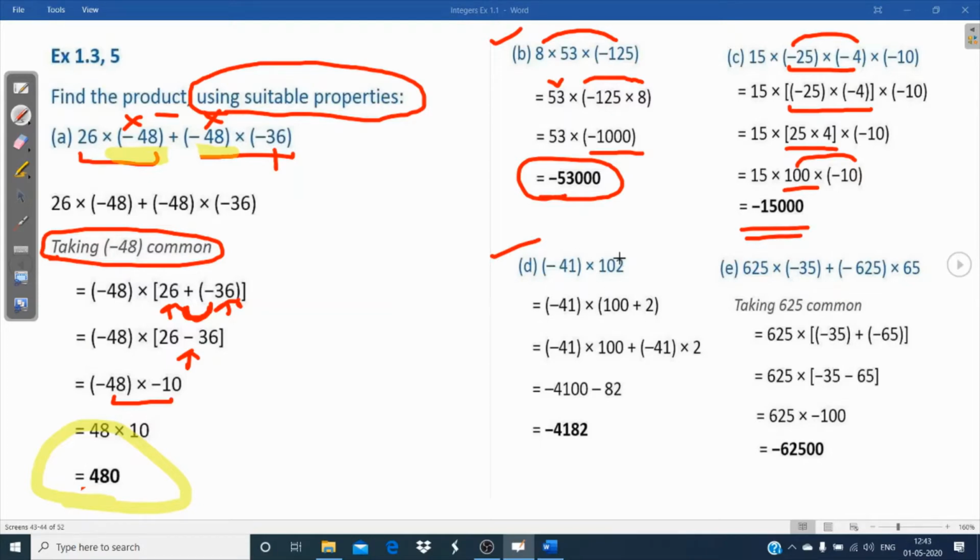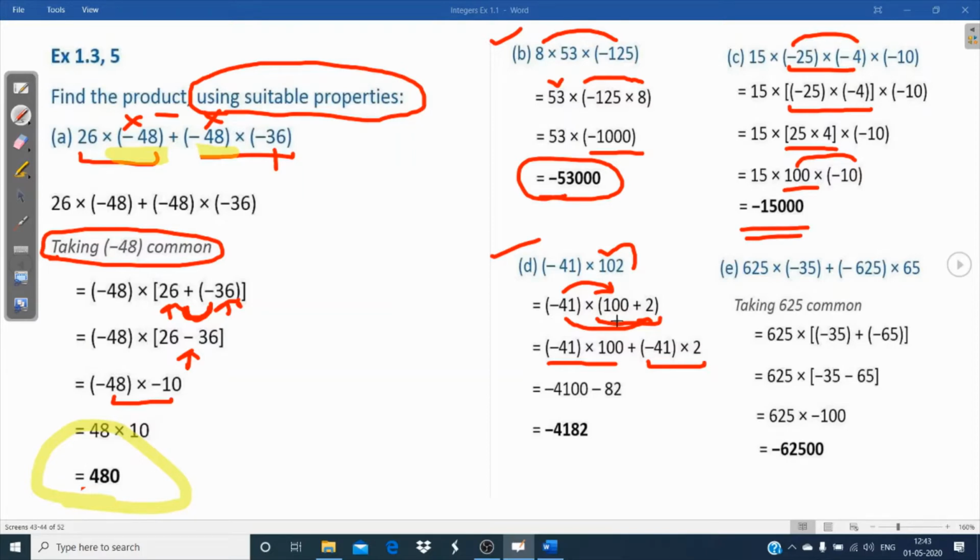Now in the D part, minus 41 multiplied by 102. So I am splitting this 102 as 100 plus 2. So 102 can be written as 100 plus 2. Now this first term is multiplied by this, minus 41 into 100. Now plus sign as it is. Now minus 41 multiplied by 2. You can remember this property, student.